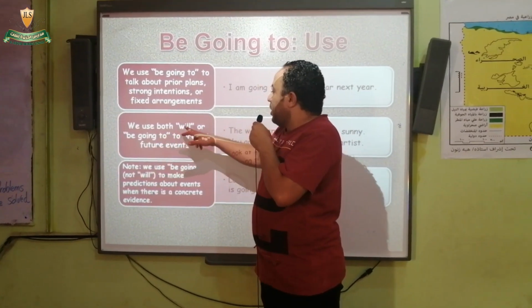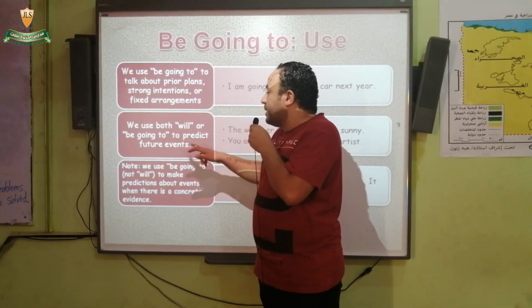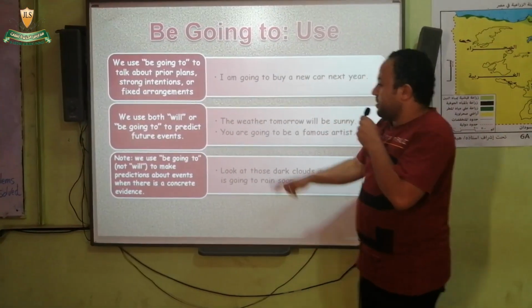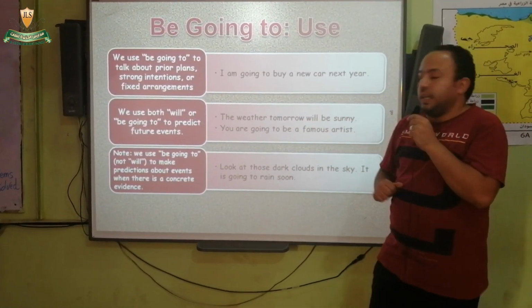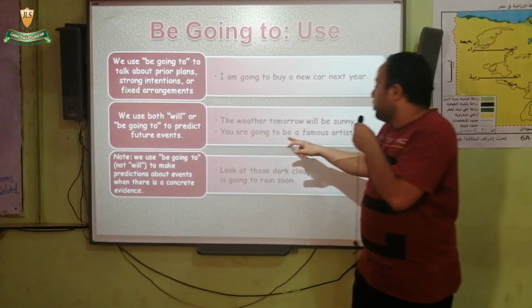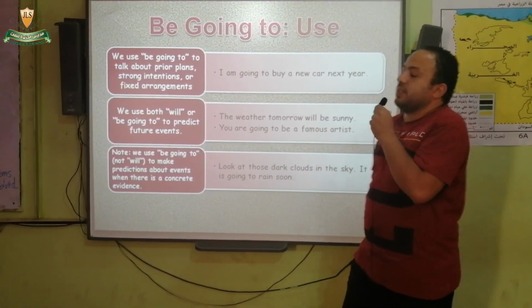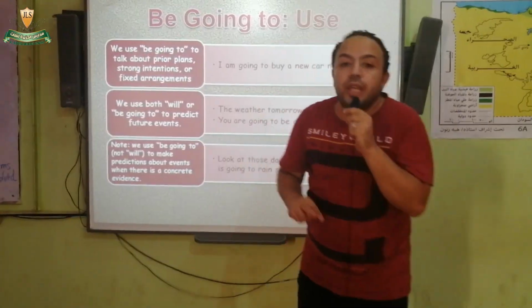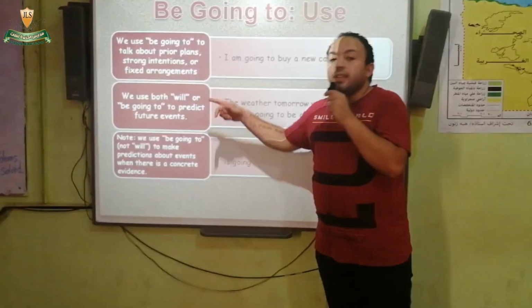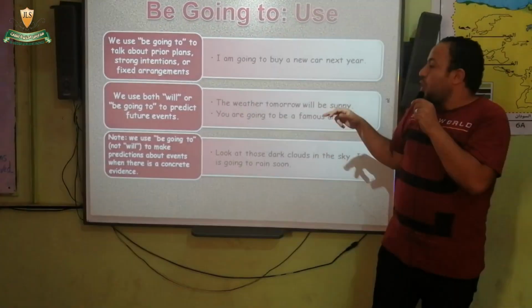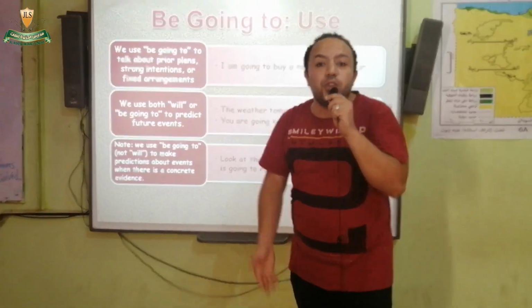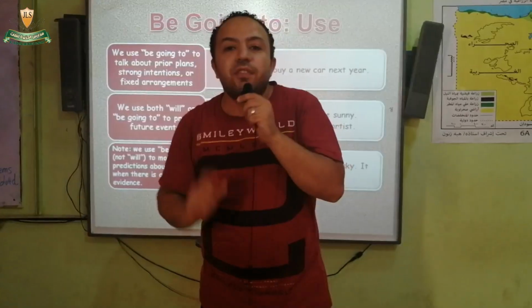We use both will and going to to predict future events. For example, the weather tomorrow will be sunny. You are going to be a famous artist. What's the difference between will and going to in this case? We use will when you predict something in the future without evidence.